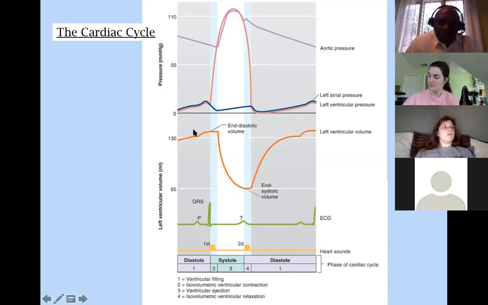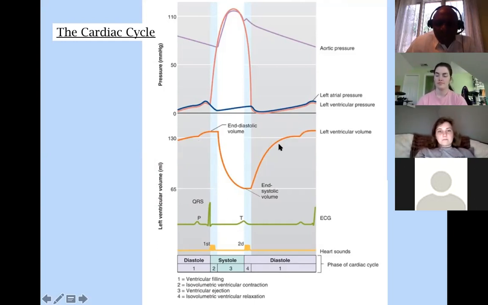Okay, so we go to the next parameter. We're looking now at the volume in the left ventricle. Okay, so let's begin here.